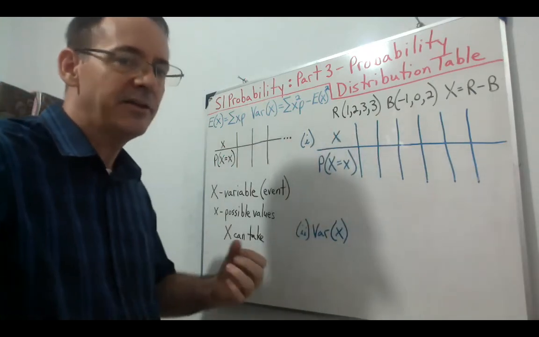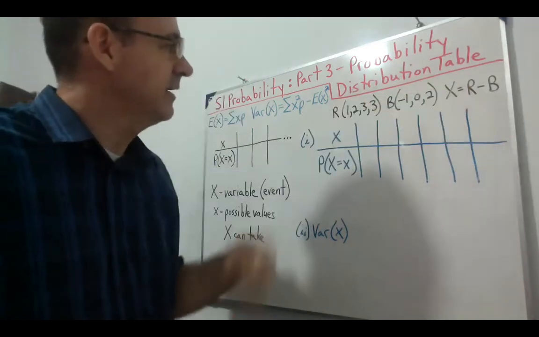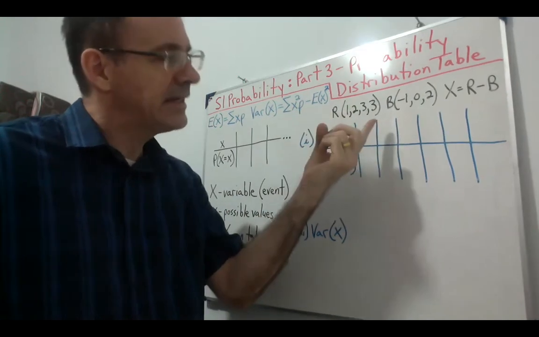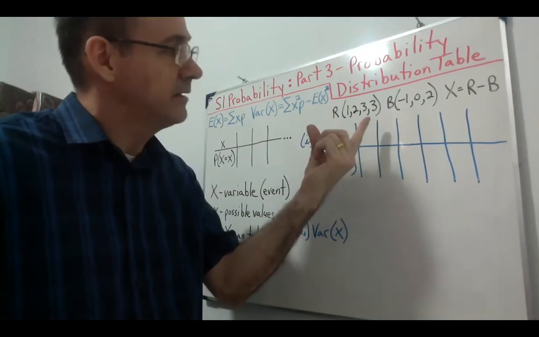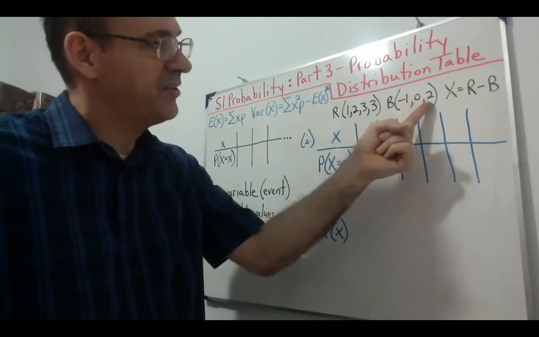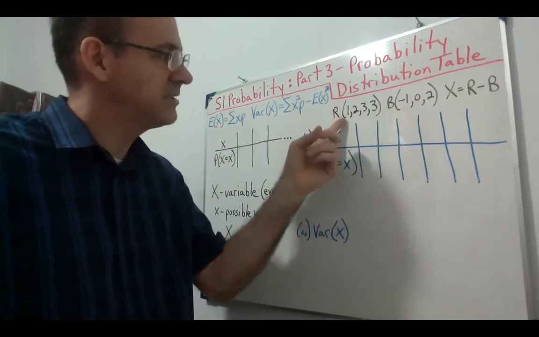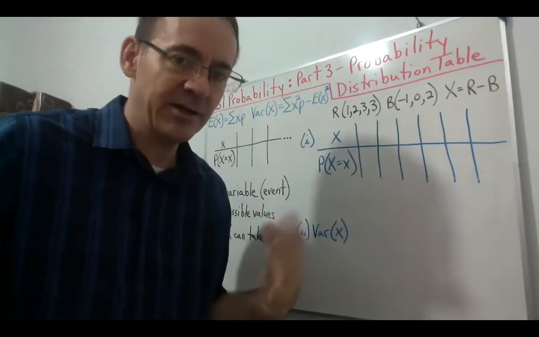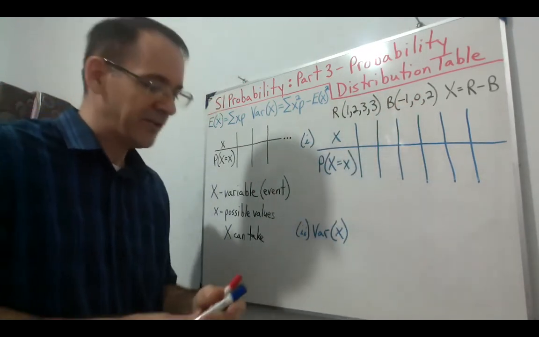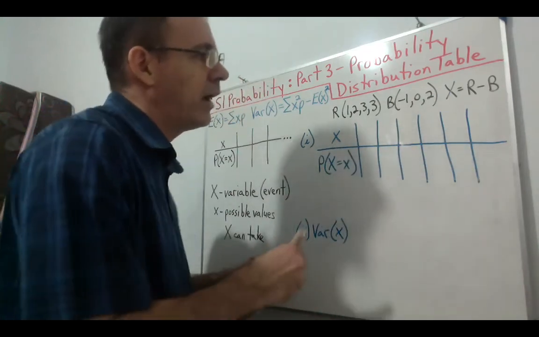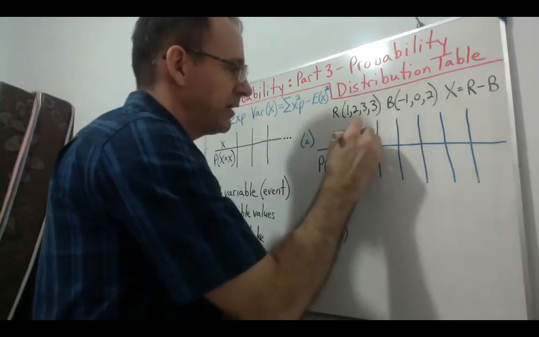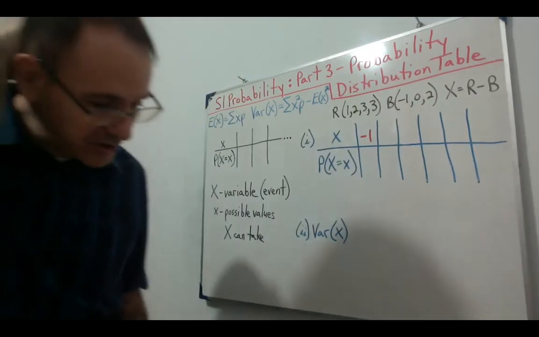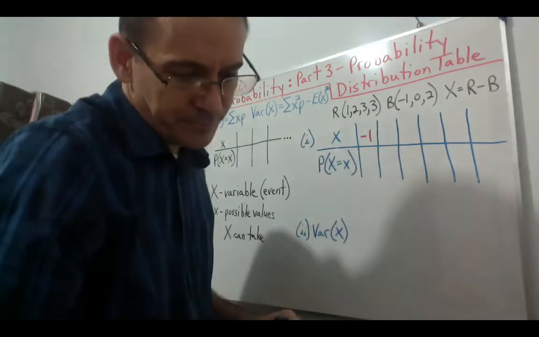The minimum value, since you're subtracting, is going to be the smallest value here minus the biggest value over here. That is going to give your lowest possible outcome. So a 1 minus a 2 gives us a -1. So we have a -1 as our first value here.